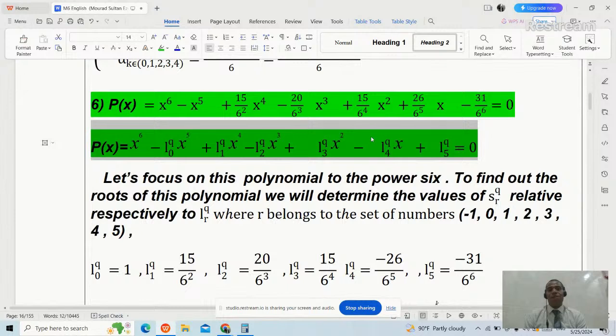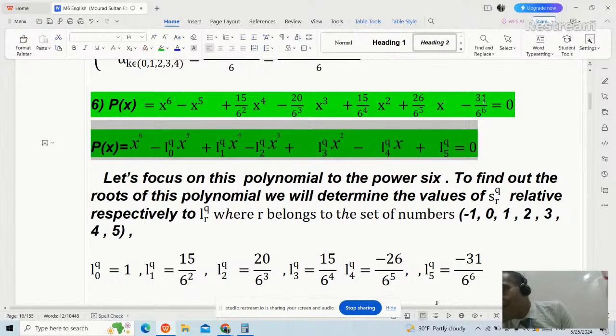If you equate the first polynomial to the second one, you will get L0 of order q is 1, L1 is 15 over 36, L2 is 20 over 216, L3 is equal to 15 over 1,296, and L4 of order q is 26 over 6 raised to the power 5, and the last term L5 of order q is equal to negative 31 over 6 raised to the power 5.